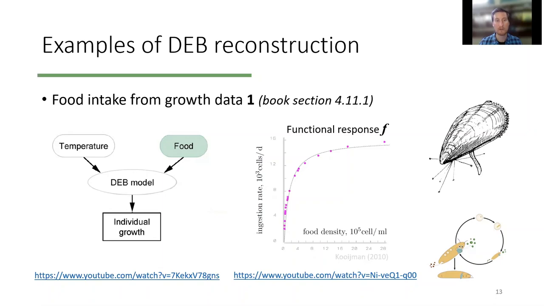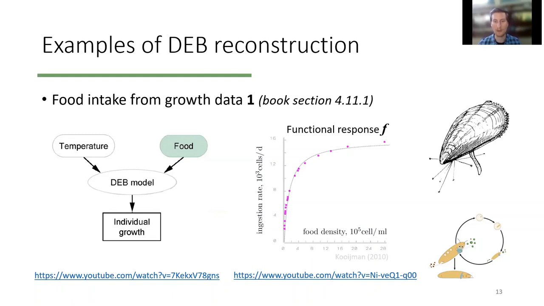So food ingestion in DEB model and assimilation is usually well explained by a simple functional response, as you see in the graph there. This is actually a graph for Daphnia, but in our example here, we will talk about the blue mussel. And I just give you here two links for very cool videos on YouTube about bivalve filtration and how they clear the water of particles, if you are curious about that.